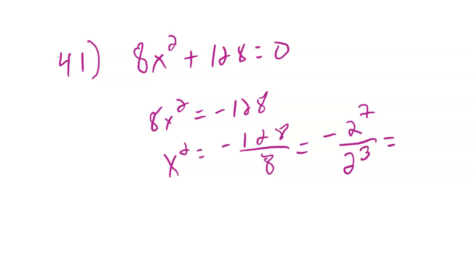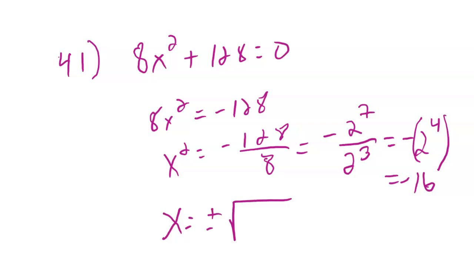All right, remember when we're dividing exponents, we keep the base and subtract the exponents, the powers. So we get -2 to the 4th. I guess this whole thing's negative like that. And 2 to the 4th is just 16. So we got -16. So x is equal to plus or minus the square root of -16.